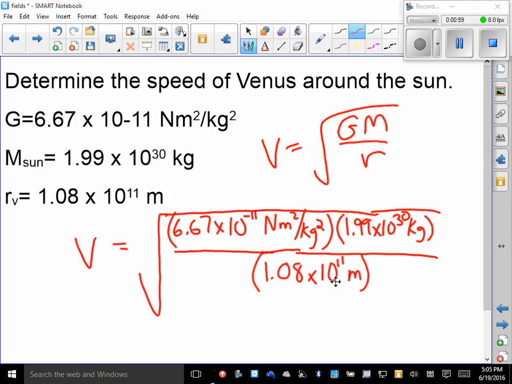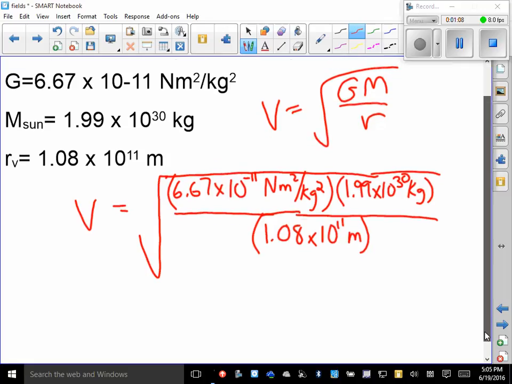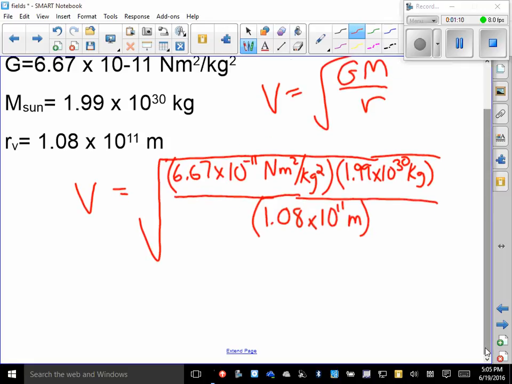Okay, so let's see what we've got going on for units. Okay, first of all, a Newton is a kilogram meter per second squared. We're dividing that by, so let's just put kilogram meter per second squared.